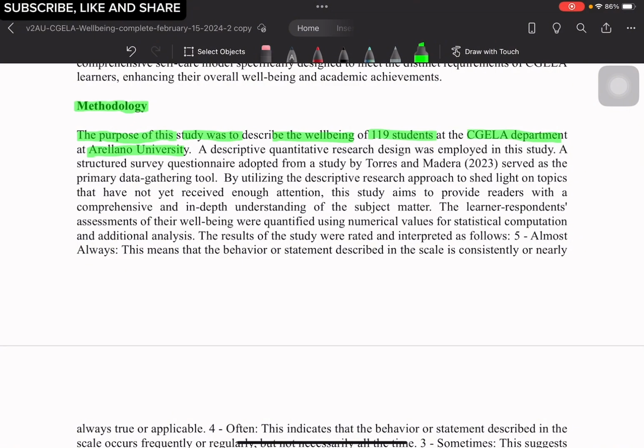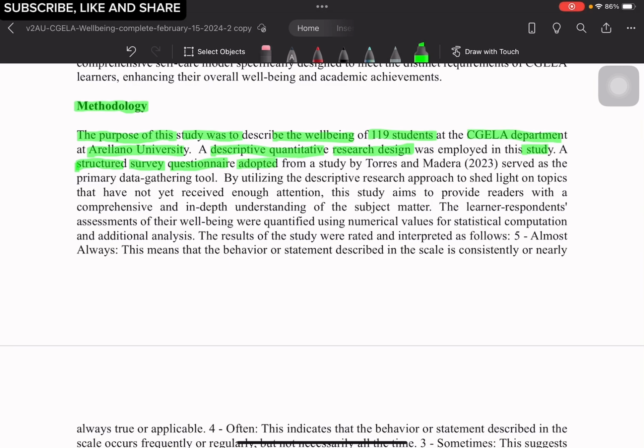Then comes the method used in the study. A descriptive quantitative research design was employed in this study. Another element included in the methodology is the tool. The tool used is a structured survey questionnaire which is adopted.